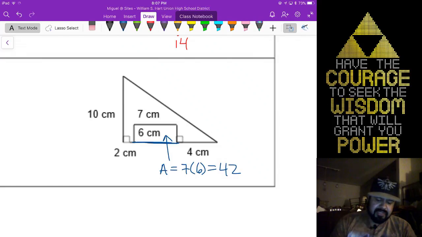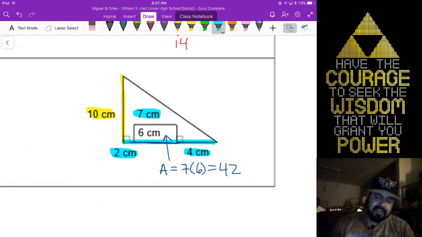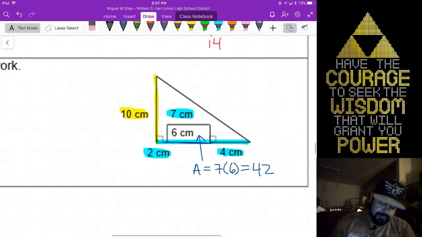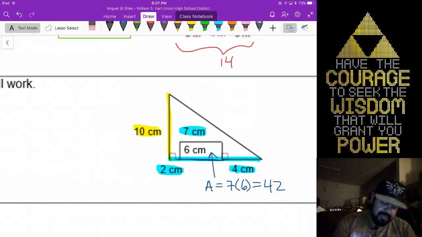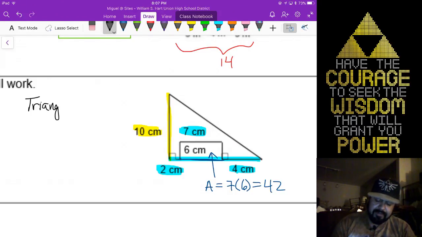But in order for me to find the area of the triangle, I need to first not just know the height, I need to also know the base. So my base is going to be that entire length, which is made up of this 2 plus this 7, sorry, plus the 4. So my area of my triangle is going to be 1/2 of 7 plus 2, 9, plus 4, 13.